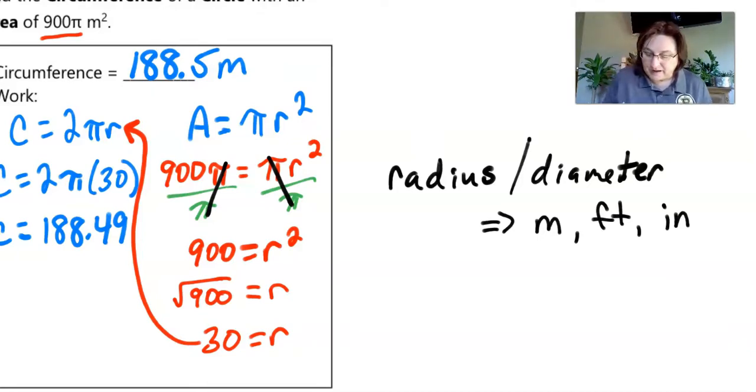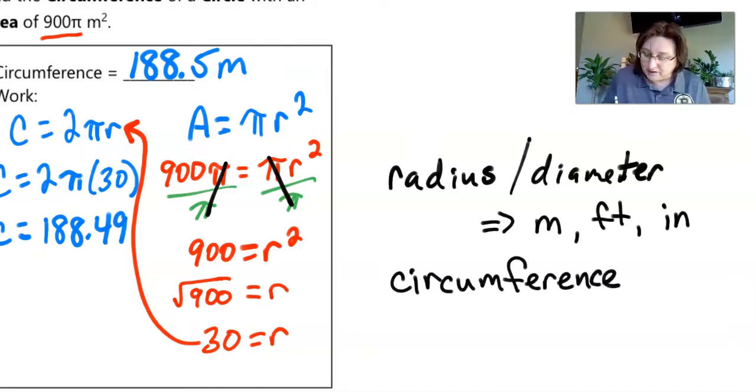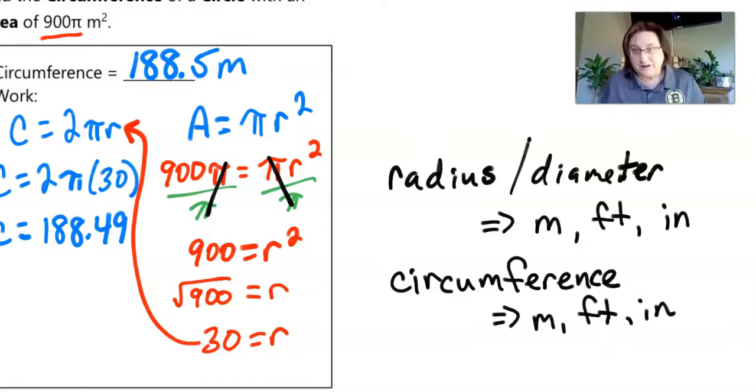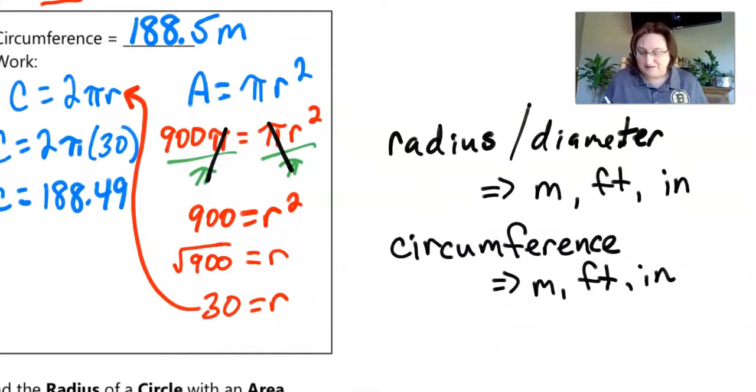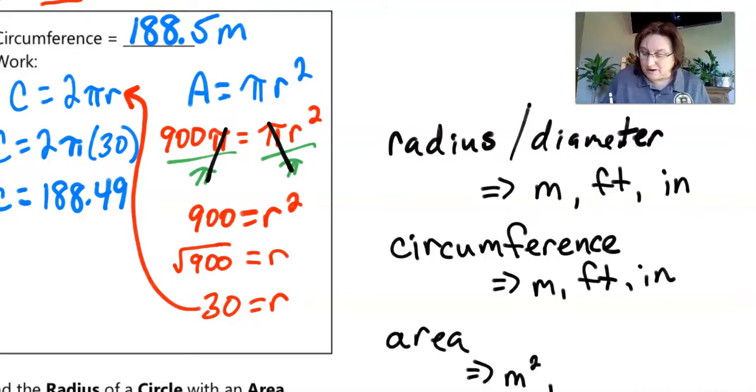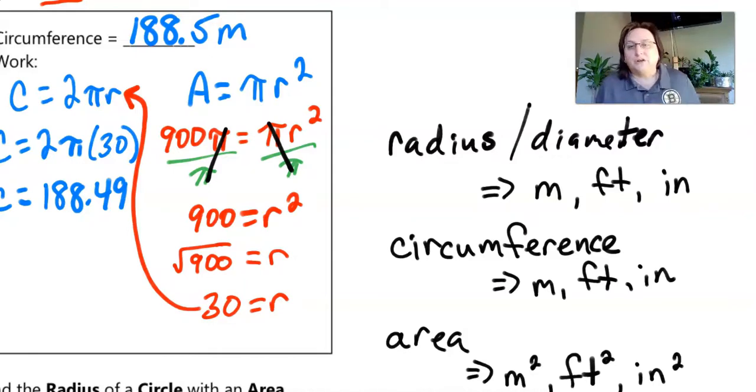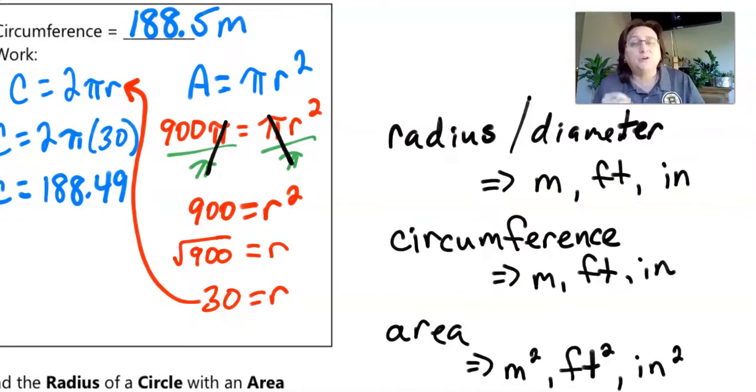The circumference is also going to be in single units, like meters or feet or inches. And area is going to be in squared units, so it would be meters squared, feet squared, or inches squared. If you need to write that down somewhere to remind yourself of that, then please do.